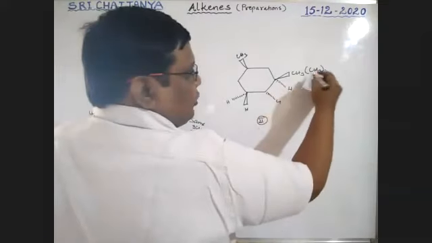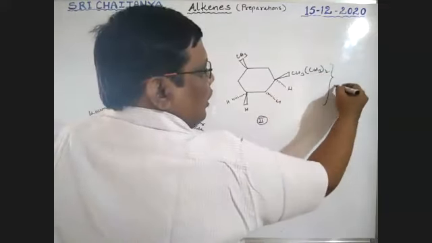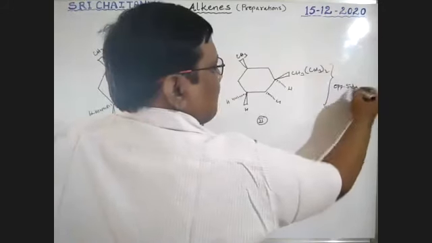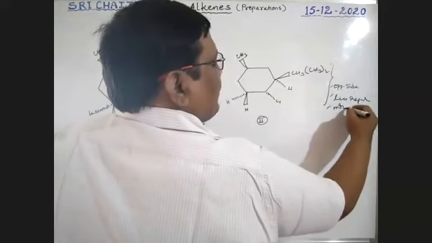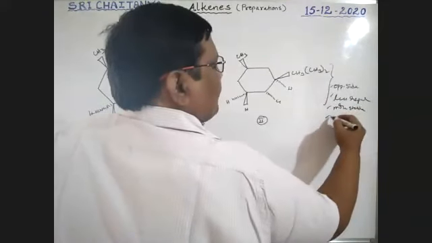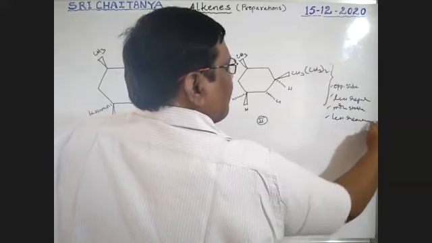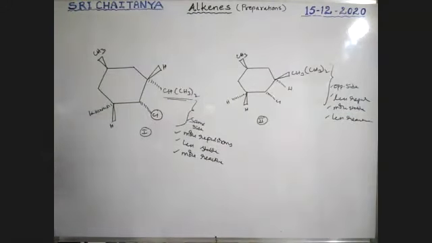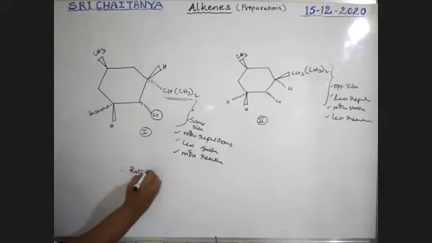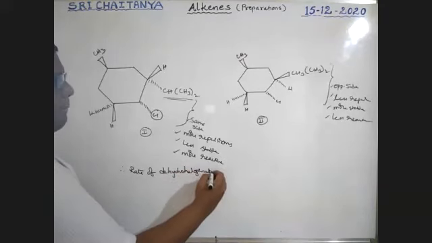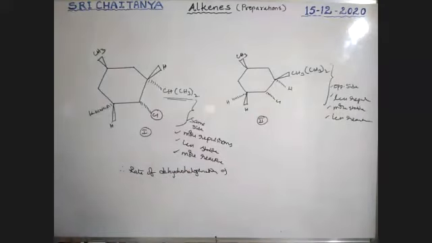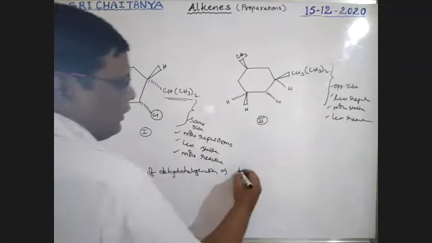Here, these two groups are on opposite sides, so less repulsions and more stability. Therefore, less reactive. Which one is more reactive, boys? Among 1 and 2, 1 is more reactive than 2. Therefore, 1 is greater than 2.